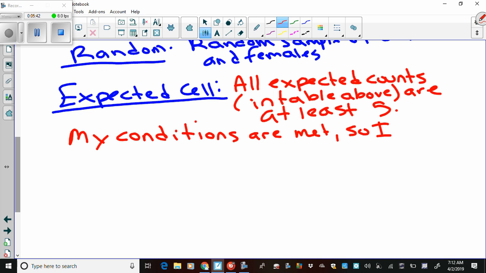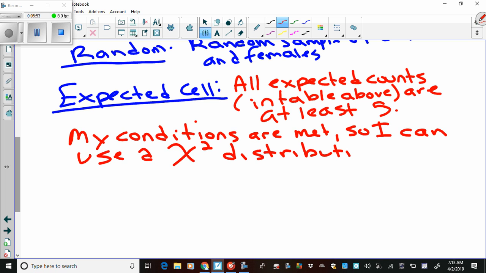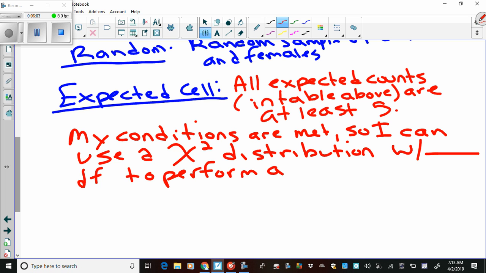So I can use a chi-square distribution, with, and we're going to talk about degrees of freedom in a second, to perform a chi-square test for homogeneity.